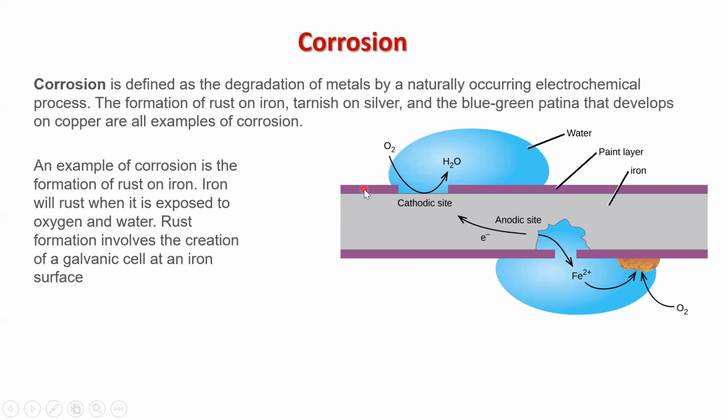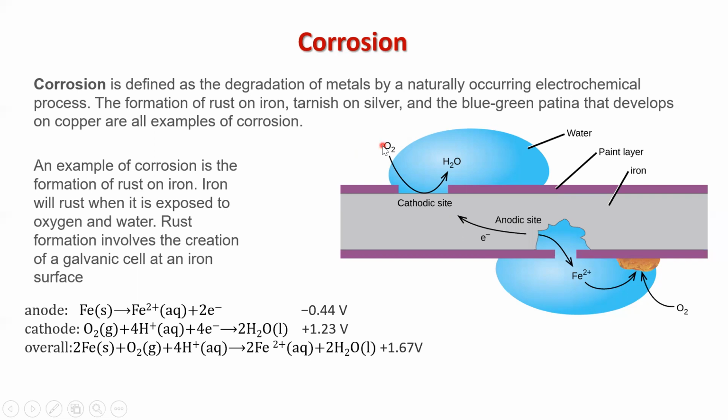Maybe it's painted with a layer of paint that enables the iron to not be exposed to oxygen and water. But if some of that paint is chipped away, the oxygen is going to go through a reduction reaction.